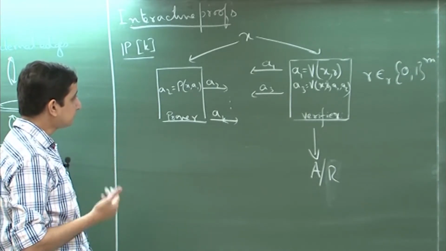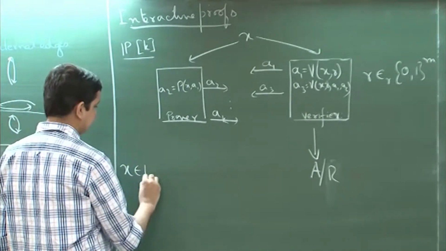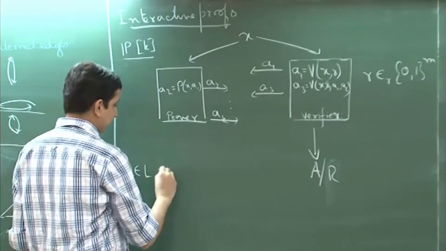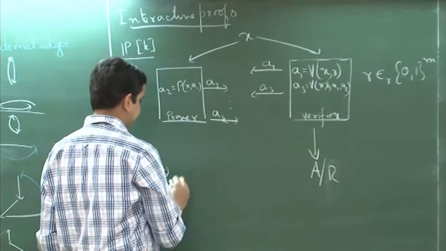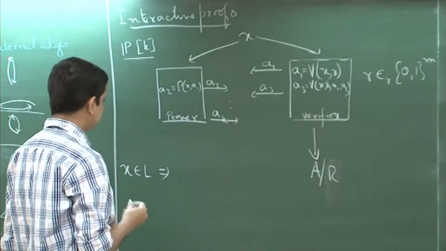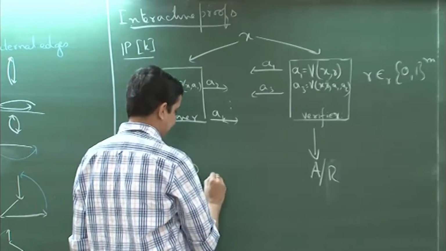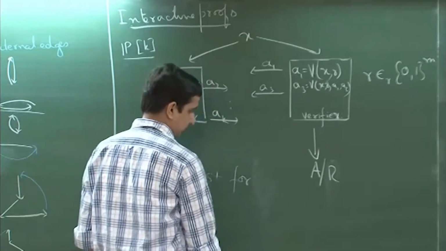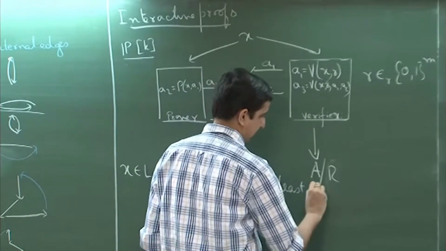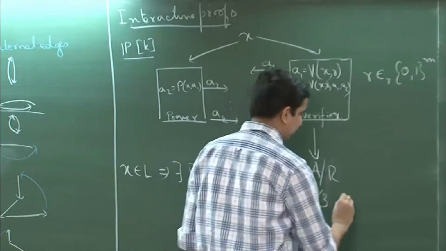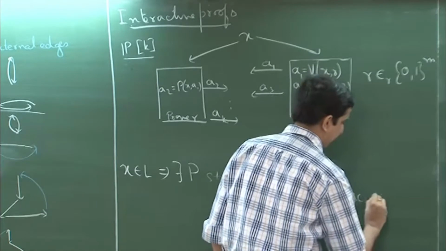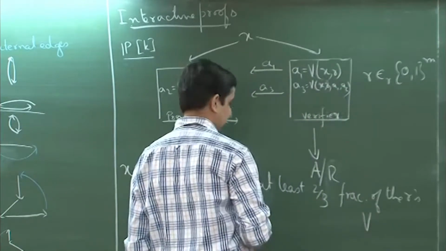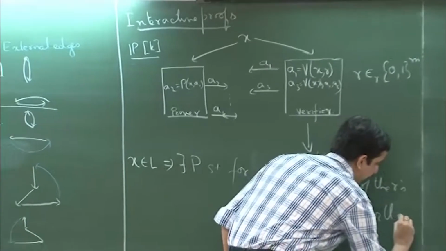And what do we have? We want to decide whether x belongs to a language or not. The guarantee that we have is that if x does belong to the language, then there exists a prover such that for at least a two-third fraction of the r's, we will accept.